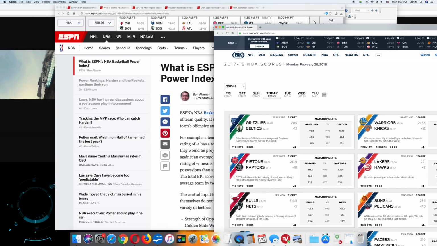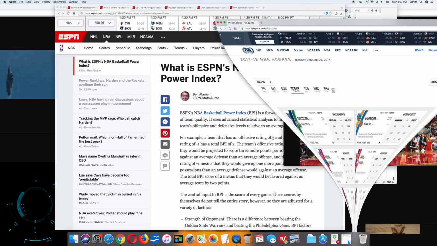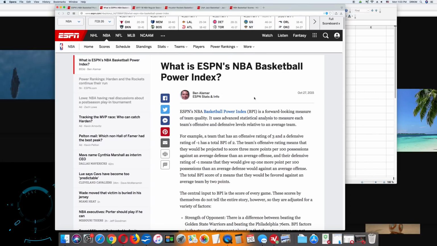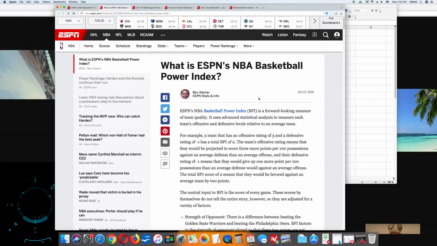All right. The first method involves ESPN's NBA Basketball Power Index, BPI. ESPN NBA Basketball Power Index is a forward-looking measure of team quality.